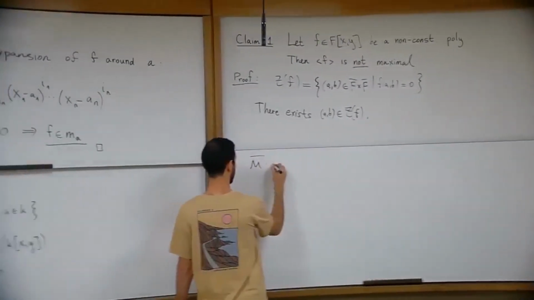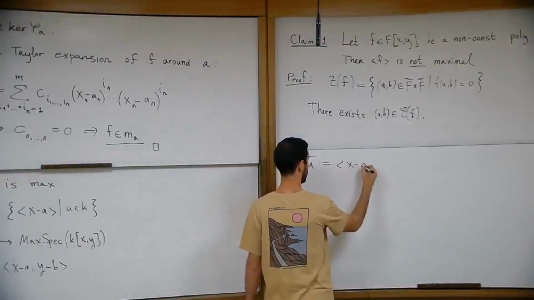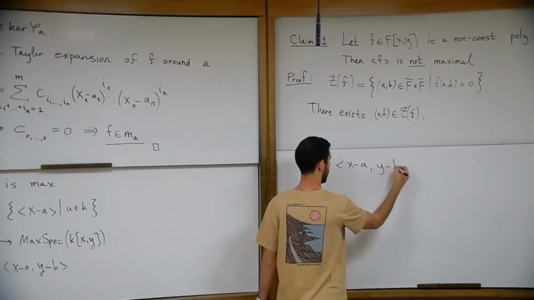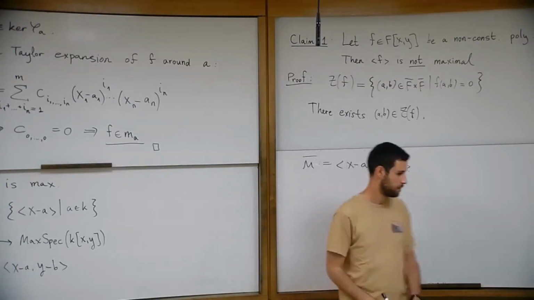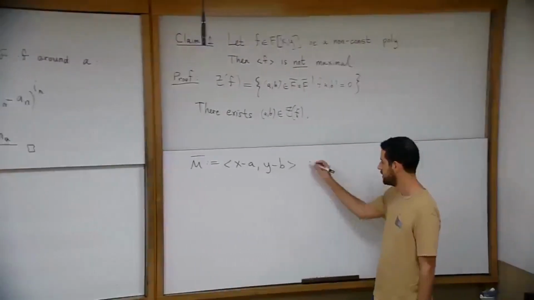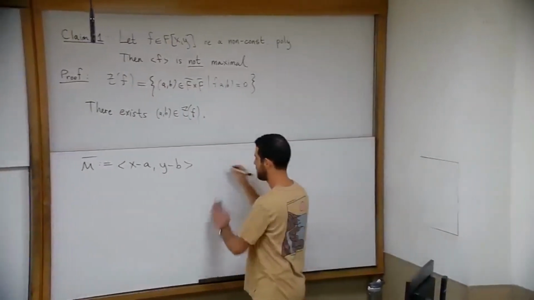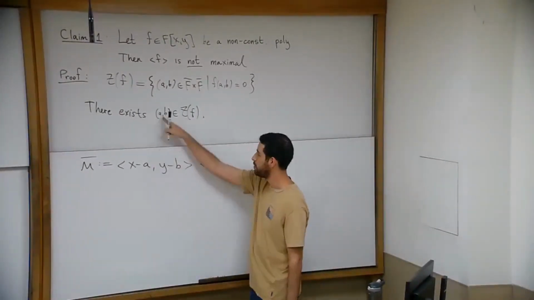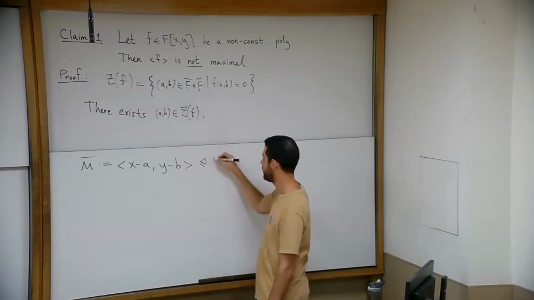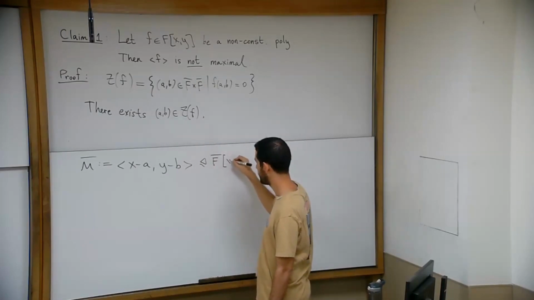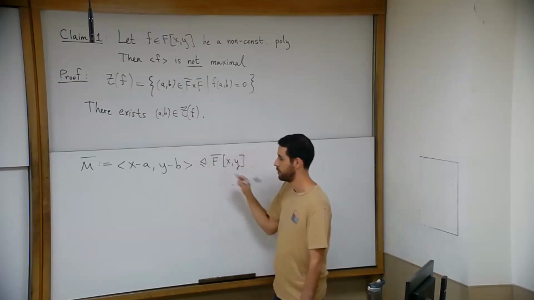Consider the ideal that is generated by x minus a, y minus b. This is an ideal in which ring? Note that a and b belong to F bar, so not necessarily F[x,y], but F bar[x,y].